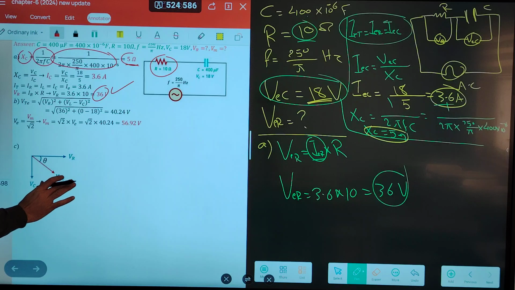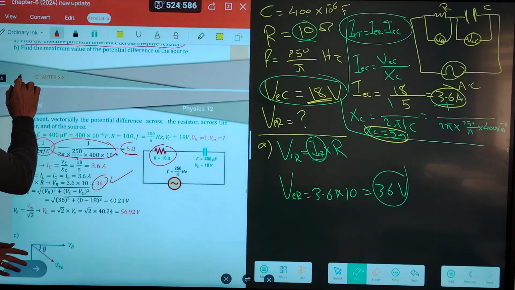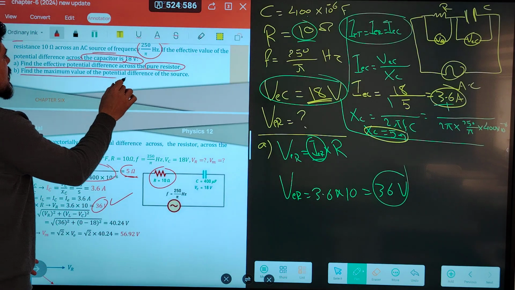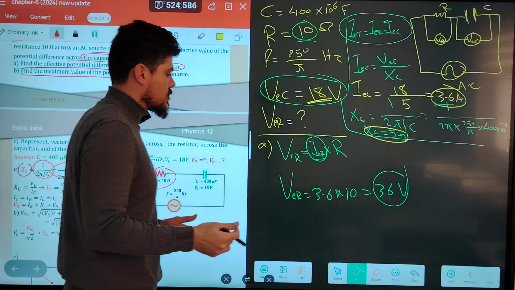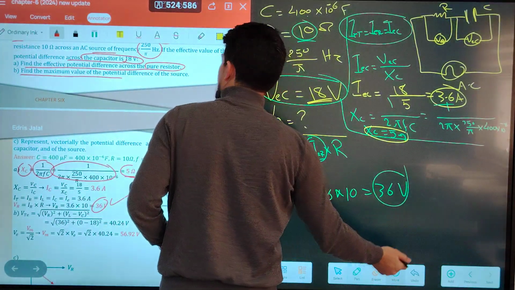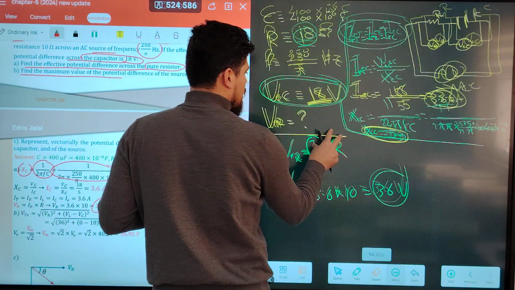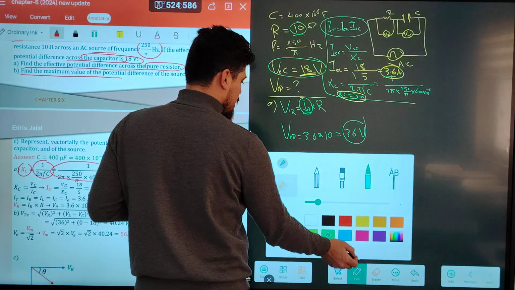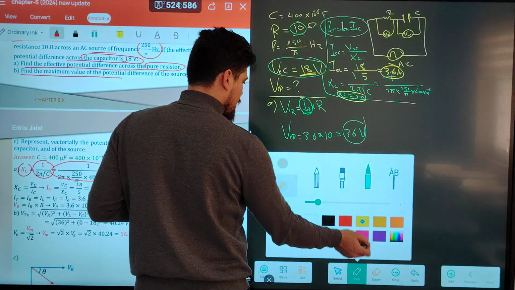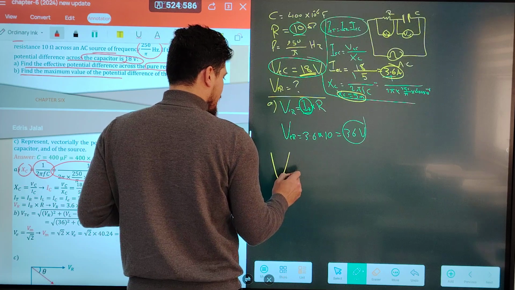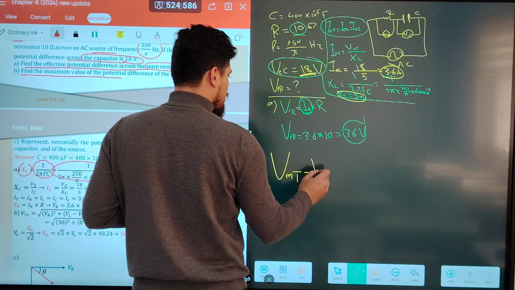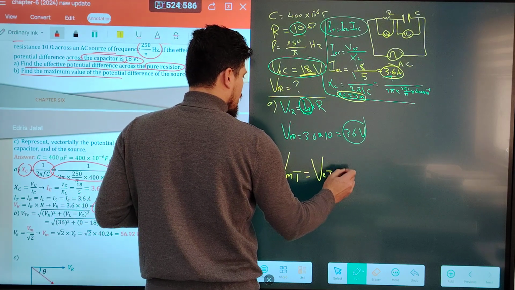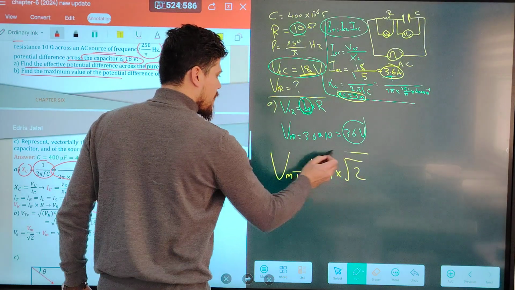Across the resistance. Branch B, find the maximum value of potential difference of the source. Guys, be careful. How can I determine maximum value? Maximum value is equal to VE total times radical 2.